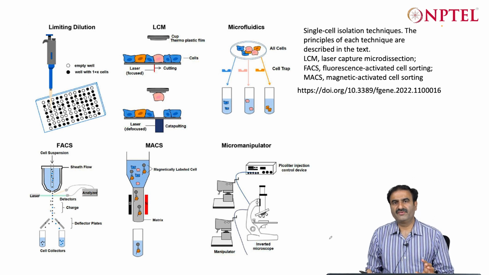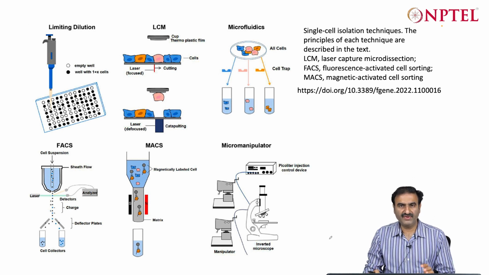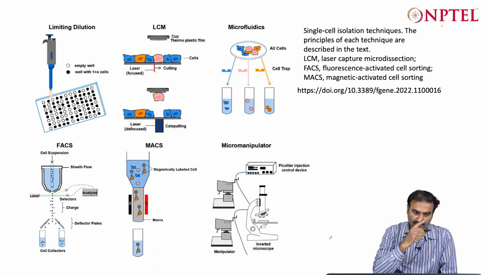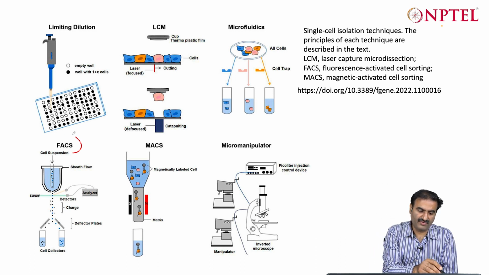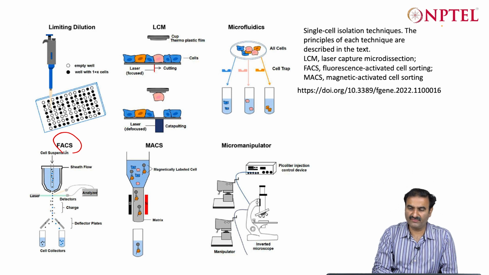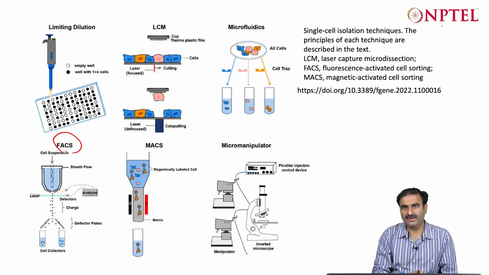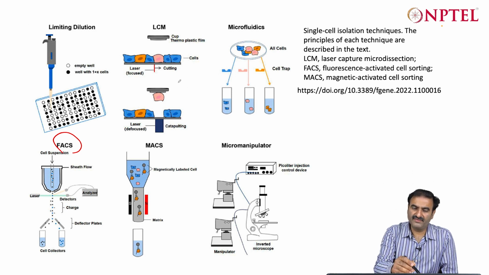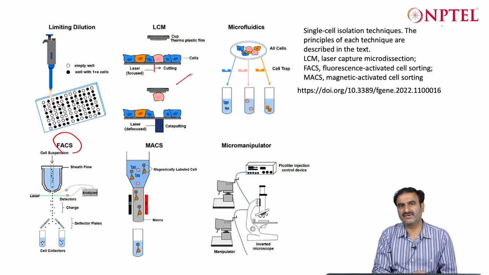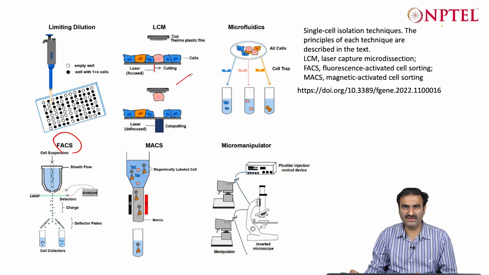We also discussed earlier how we can separate the cells to prepare single cells. Basically FACS, or fluorescence activated cell sorting, is one of the very important methods. Then laser capture microdissection can also be used. These things we have discussed in the previous class, so I am just giving you an overview and connecting with the current lecture.